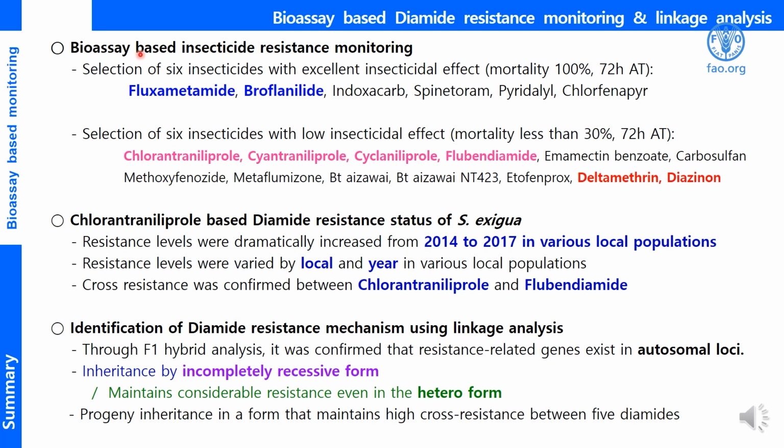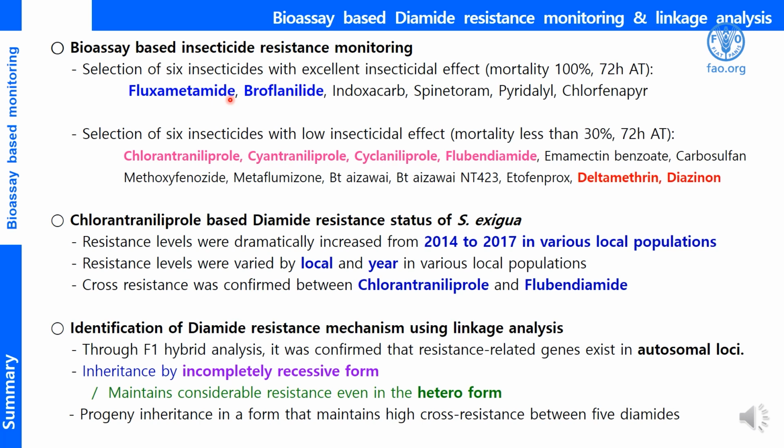Bioassay-based insecticide resistance monitoring. Based on the bioassay, we can select 6 insecticides with excellent insecticidal effect. So fluxametamide, broflanilide, this kind of insecticide, this is a meta-diamide group. It's really effective.